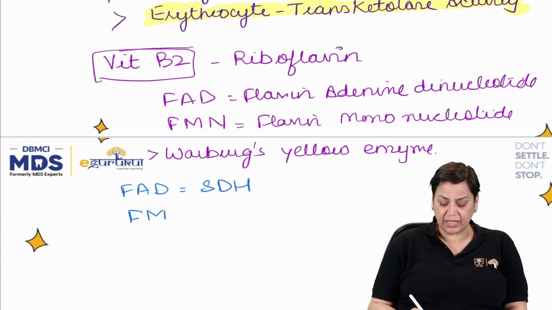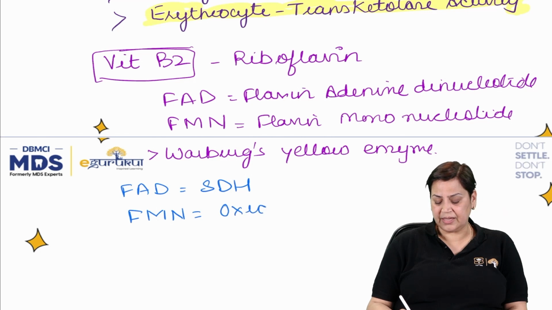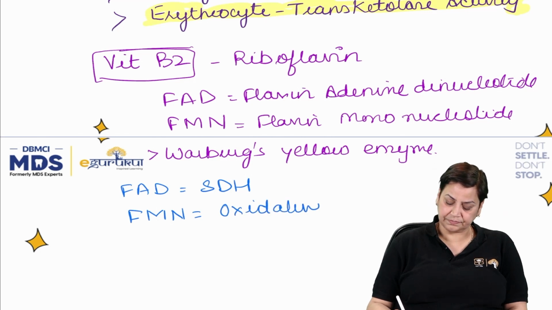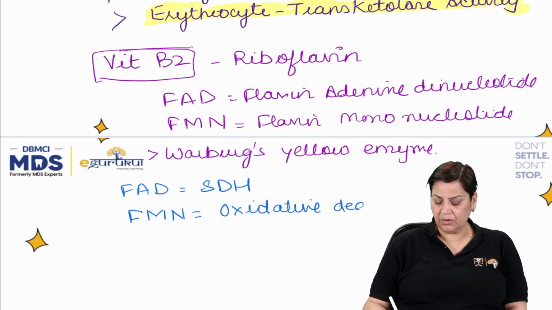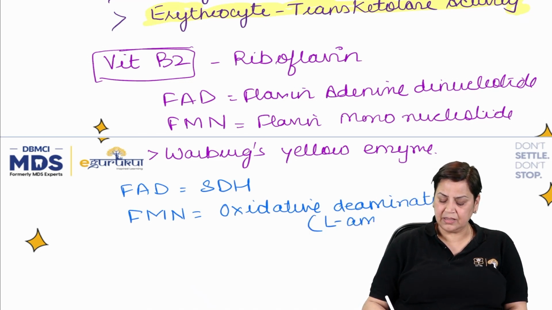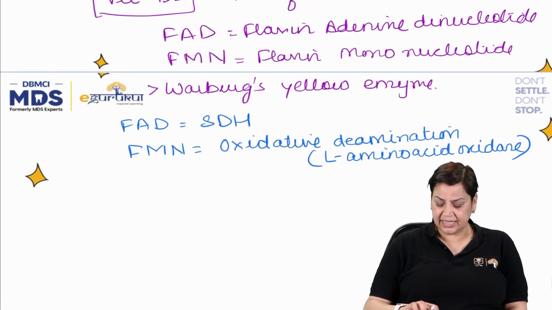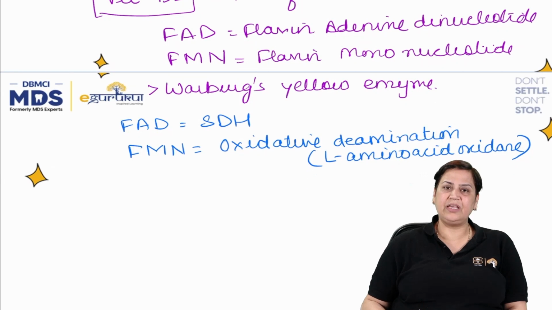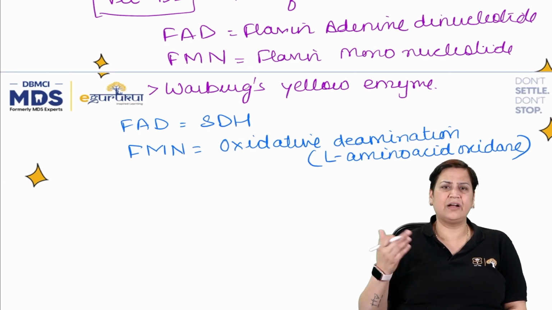And for FMN we can write oxidative deamination, where the enzyme is L-amino acid oxidase. So with SDH and oxidative deamination, you can imagine the functions.